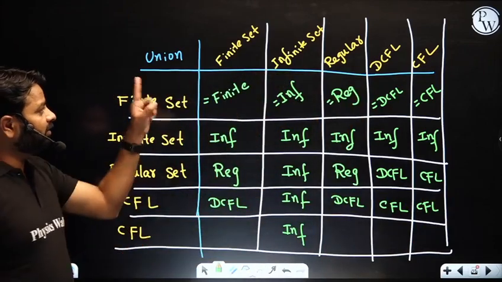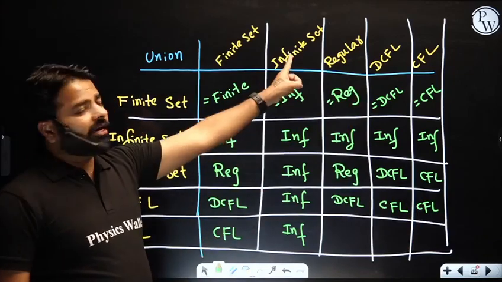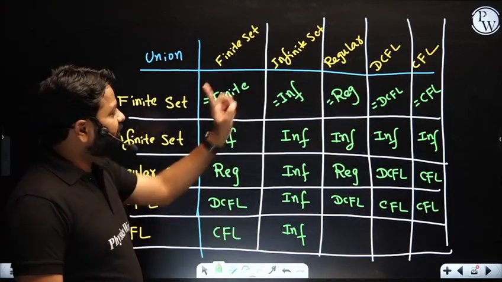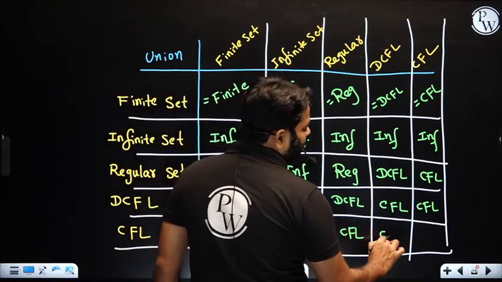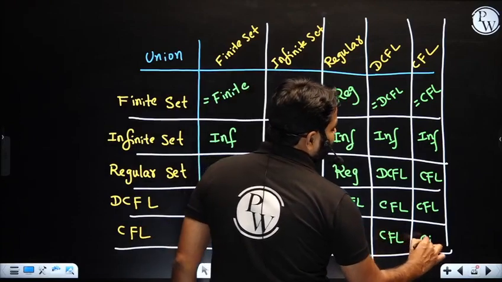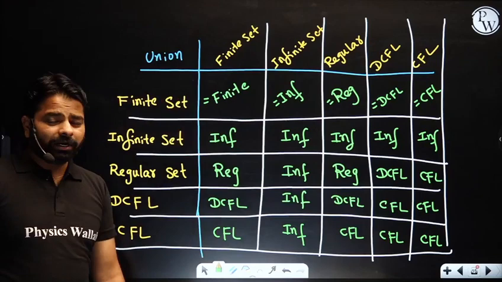CFL union finite is CFL. CFL union infinite is always infinite. CFL union regular is always CFL. CFL union DCFL is always CFL. CFL union CFL is always CFL. Okay, so a very interesting table for the union operation.